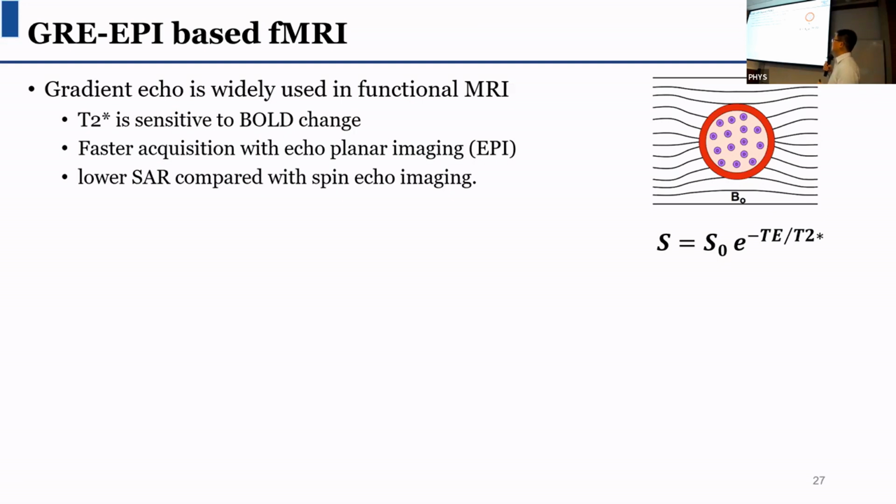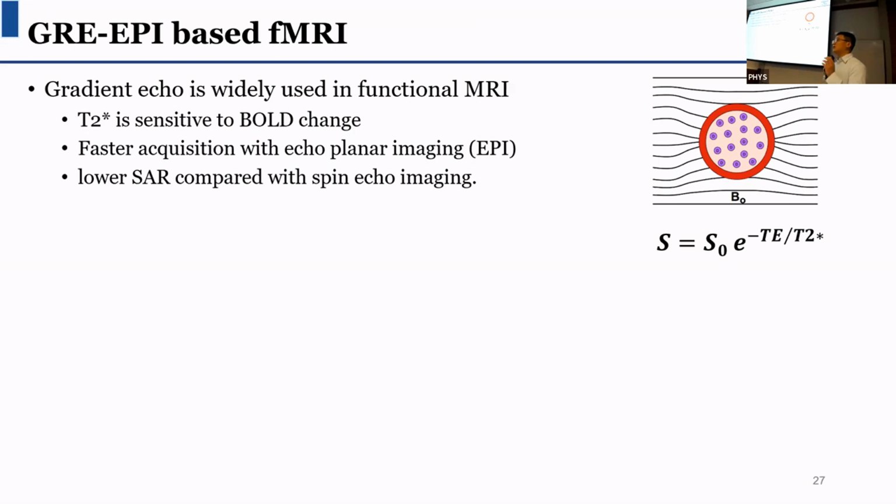This is the source of our BOLD signal, which we use for functional MRI. Because T2 star is quite sensitive to our BOLD change, we use this gradient echo EPI acquisition for most functional MRI studies, because the gradient echo sequence is quite fast, and it works together with the EPI method.